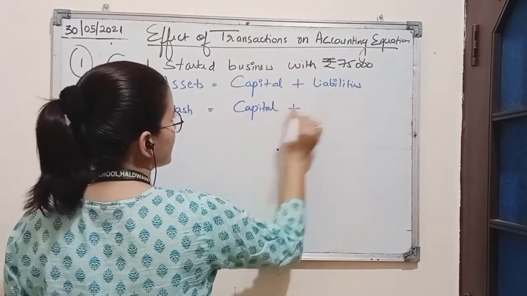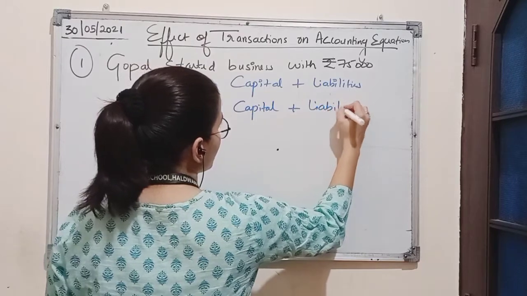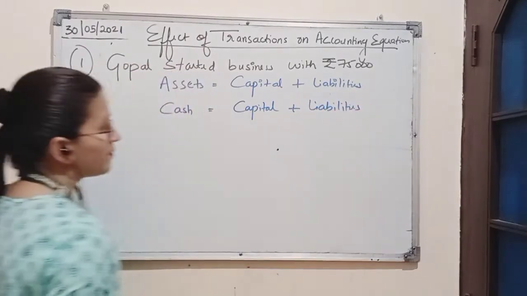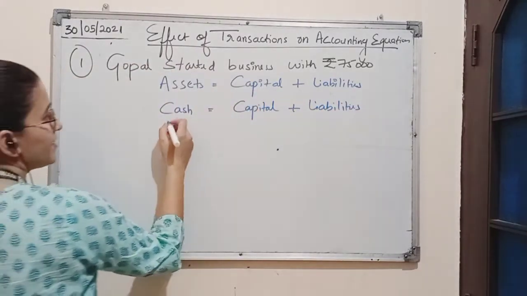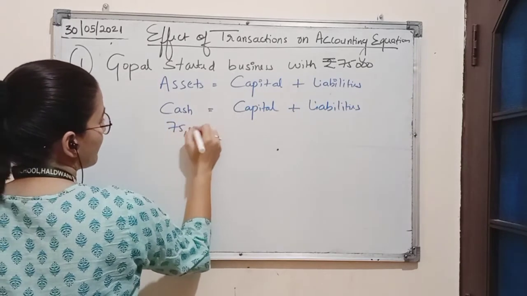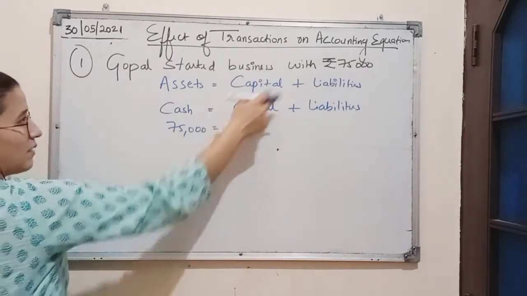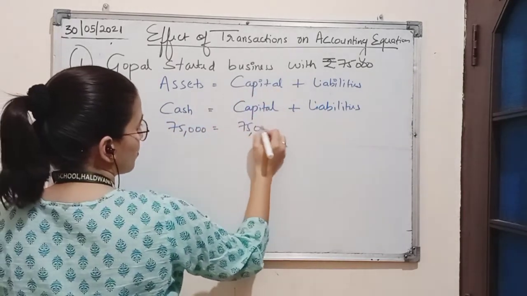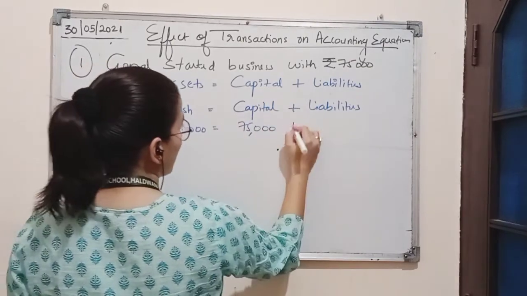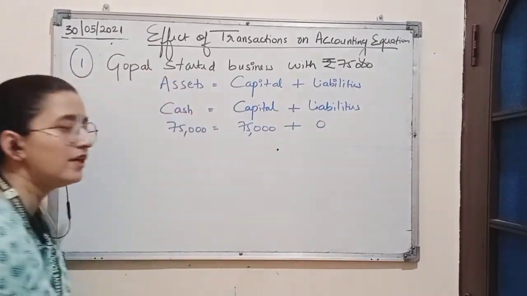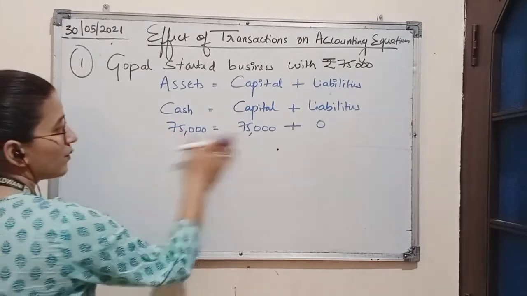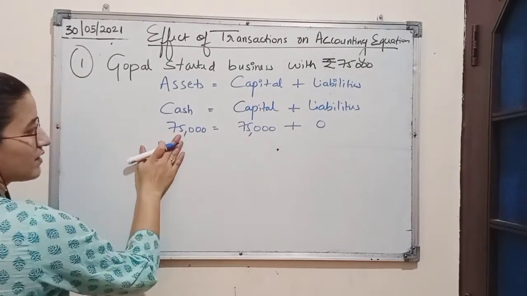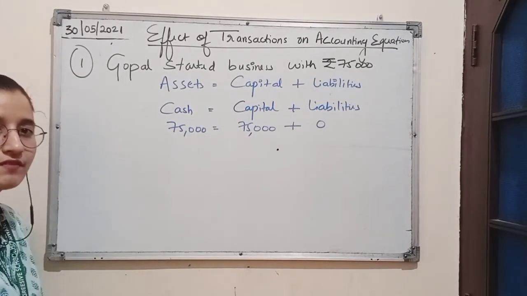So it will remain as capital. There is no other liabilities here. So cash is rupees 75,000. Capital is also the same amount 75,000 and there is no other liability. So here the equation is balanced. 75,000 is equal to 75,000.